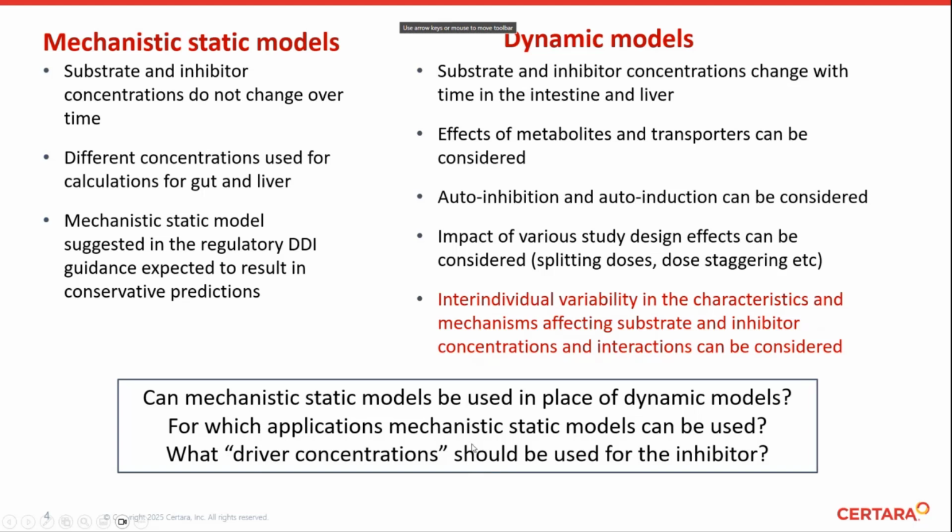And we decided to look into this and see if we can come up with any applications where we would be comfortable with the suggestion that the mechanistic static model would be replacing dynamic models.